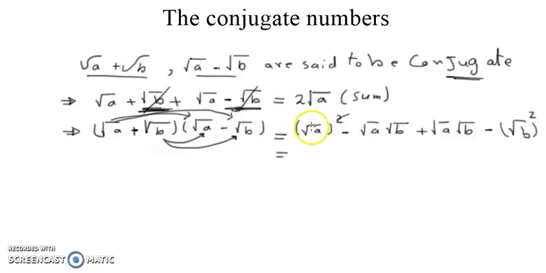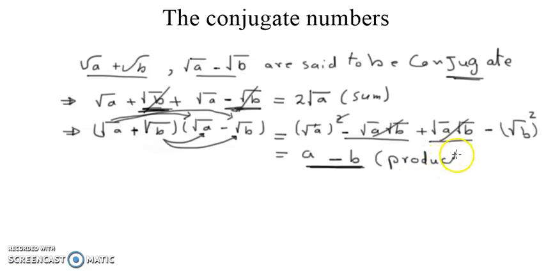We can cancel the square root with the power 2, so the result will be a minus b. The two middle terms are additive inverses of each other and cancel, so the result will be an integer. So this is the product of the two conjugate numbers.